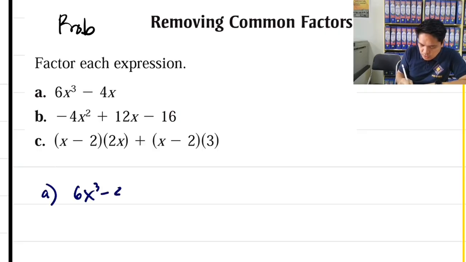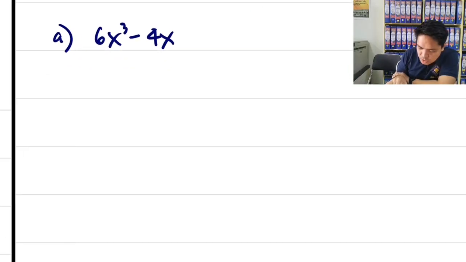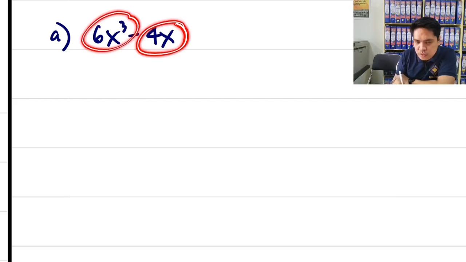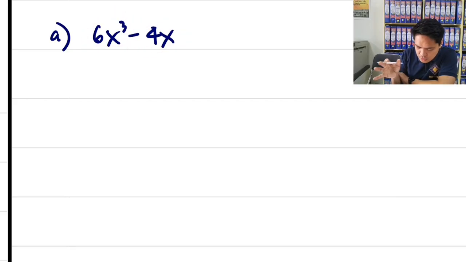Let's answer letter a: 6x cubed minus 4x. First, let us look at the common factors of this polynomial. Step by step. The factors of 6 are 3 and 2, that's 3 times 2. And x cubed is three x's multiplied, x times x times x.